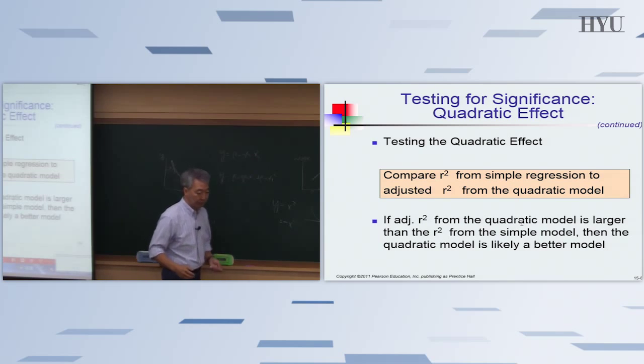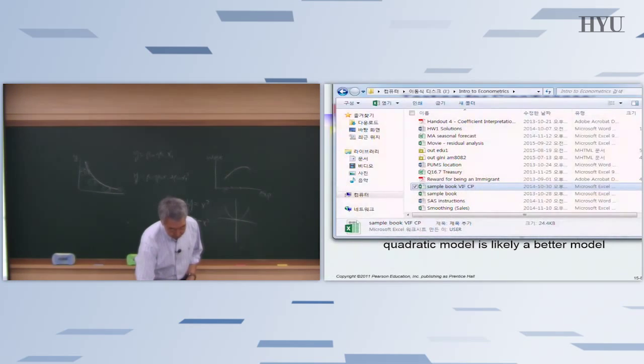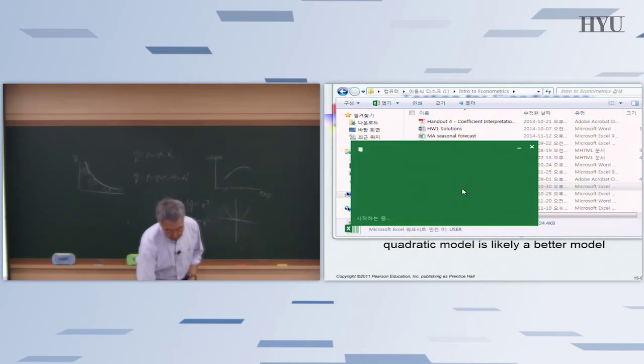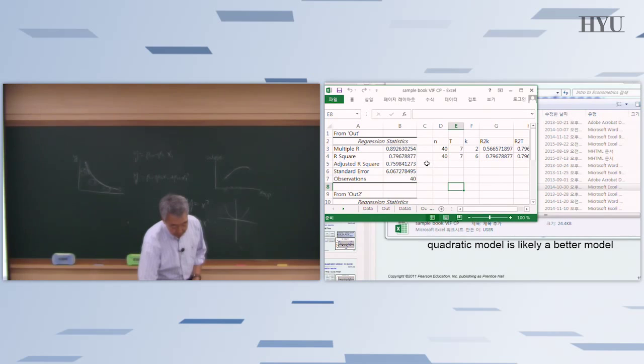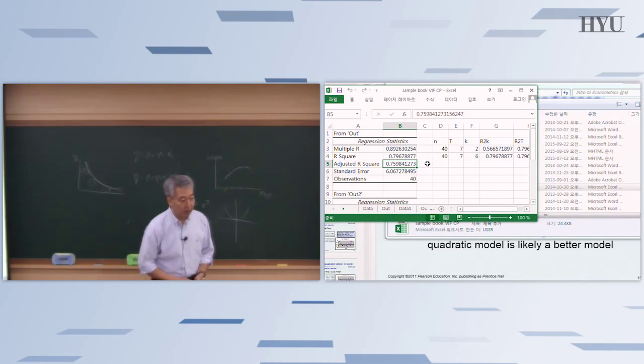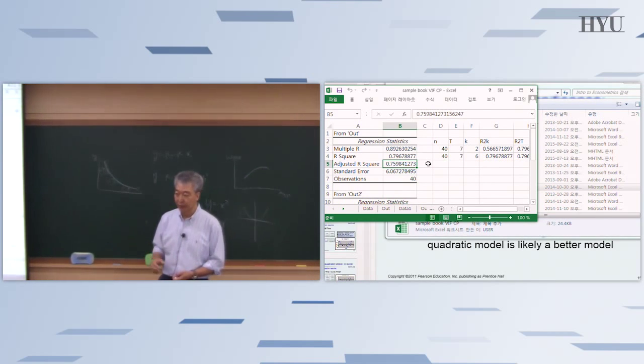If you look at the computer printout, R square here is 0.796 and adjusted R square is 0.759, right? So typically, adjusted R square is smaller than the regular R square.